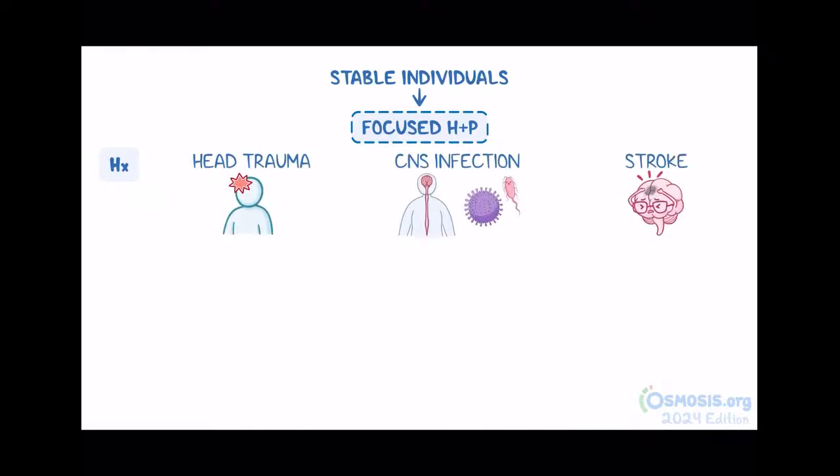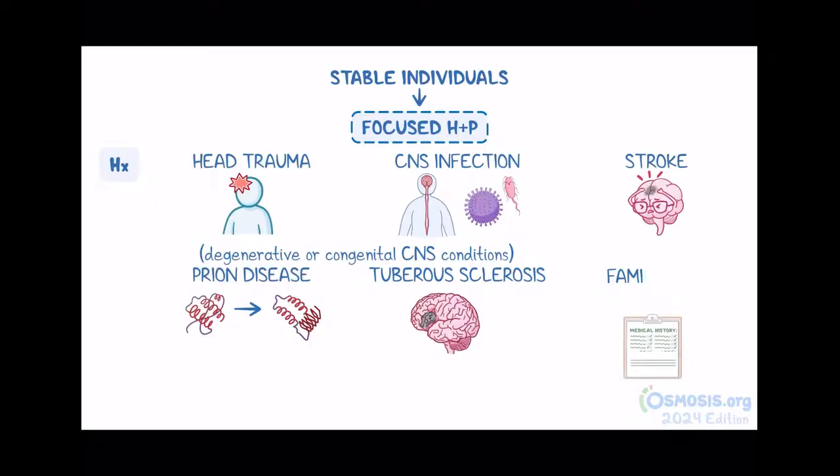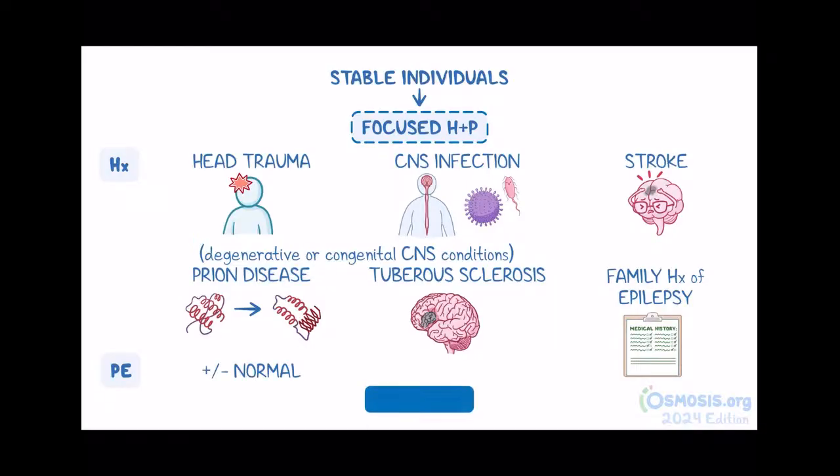Some individuals with epilepsy might report a remote history of head trauma, CNS infection, and stroke, as well as degenerative or congenital CNS conditions like prion disease or tuberous sclerosis. Lastly, there might be a family history of epilepsy. Depending on the underlying cause, the physical exam between seizures may or may not be normal. At this point, you can diagnose epilepsy.